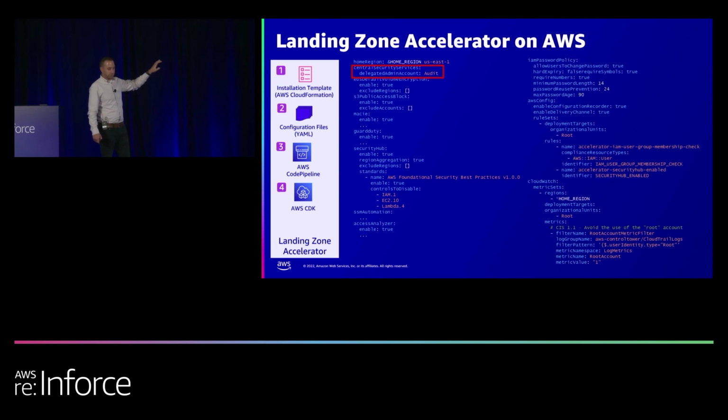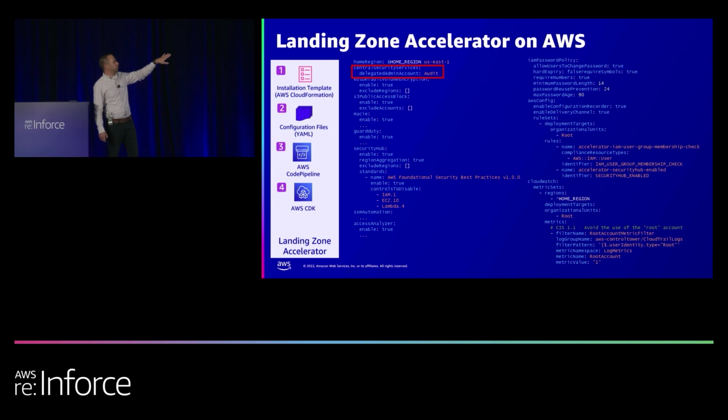I did want to draw your attention to the ability to define a delegated administrator. As we talk about the idea of least privilege and only using administrator accounts and more highly privileged accounts only in the places that they're needed, Landing Zone Accelerator helps with that delegated administration configuration.